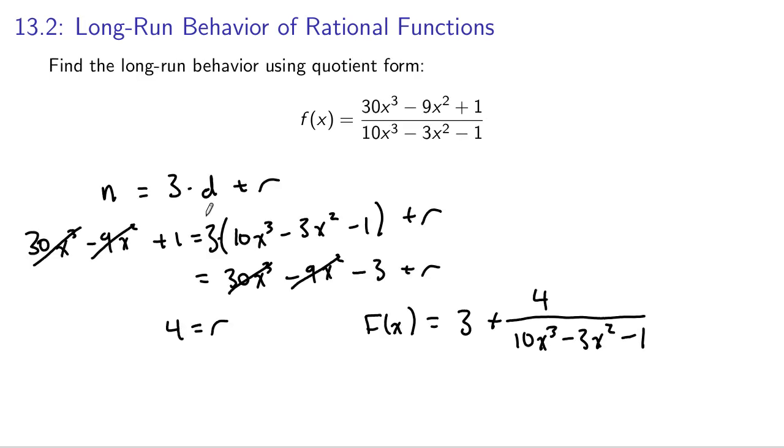Let's actually go back and do another example here of putting into quotient form. Let's try this one. What if we had to put this into rational form?